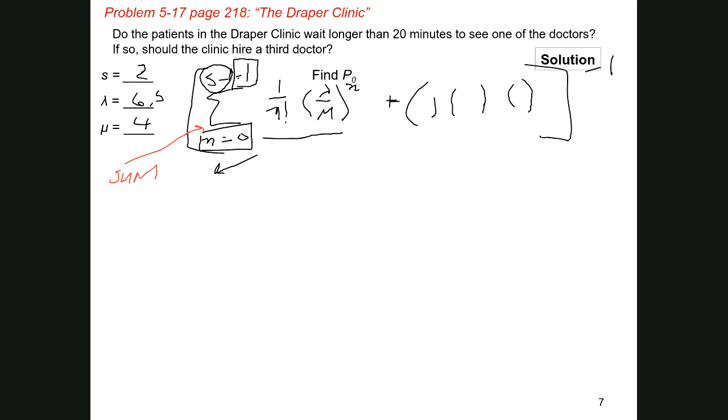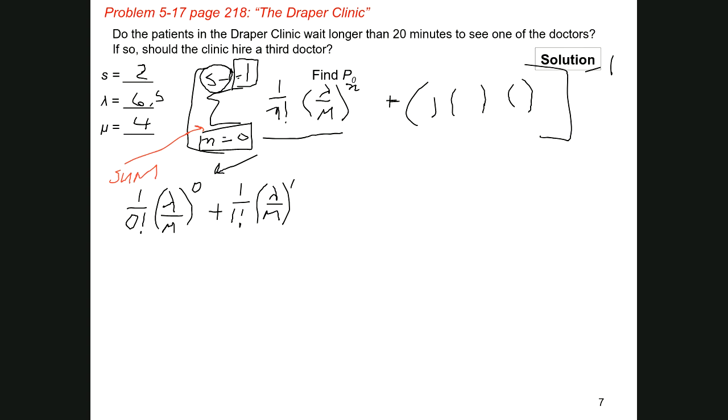So that's 1 over 0 factorial times, and I'm just going to use lambda over mu, to the 0 power, plus, and then it's a sum. There's another term, 1 over 1 factorial times lambda over mu raised to the first power. And those are the 2 terms we've just substituted in.